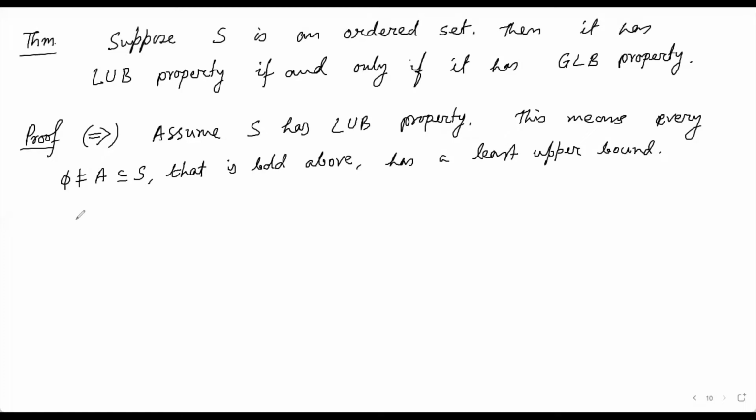So by definition, S has the least upper bound property means every bounded above set has a least upper bound. Now let B be a non-empty subset of S which is bounded below.